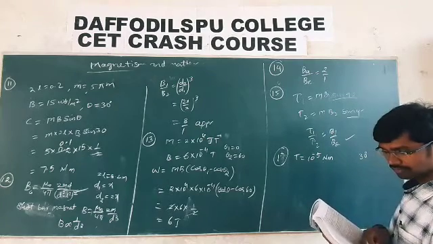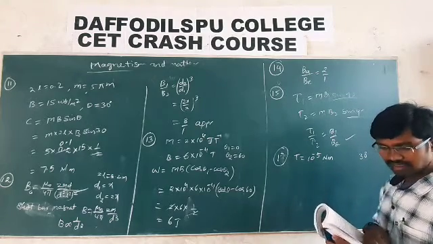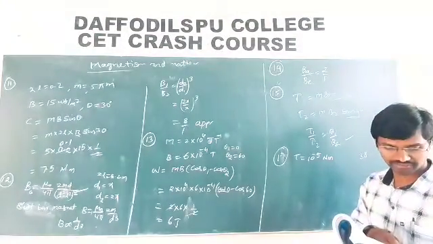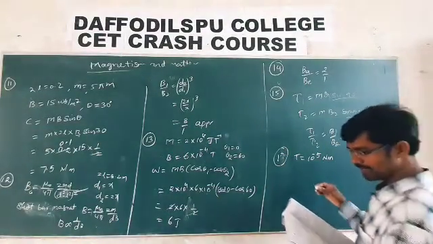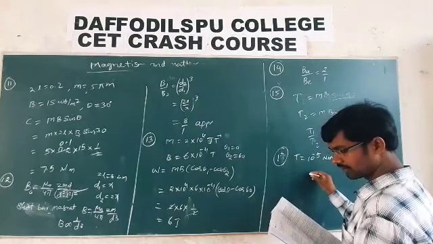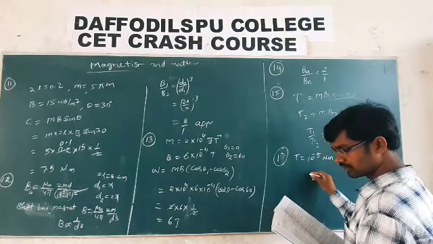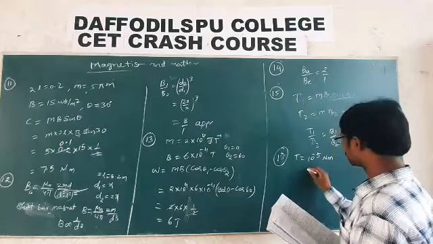So let us take B is equal to BH tan theta. So B remains constant. So what can we write here? BH is inversely proportional to tan theta.